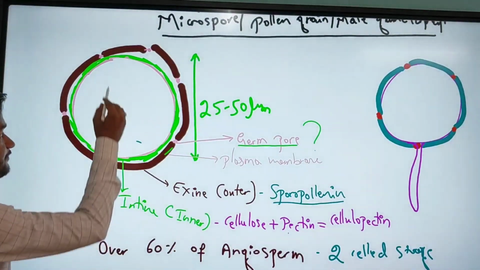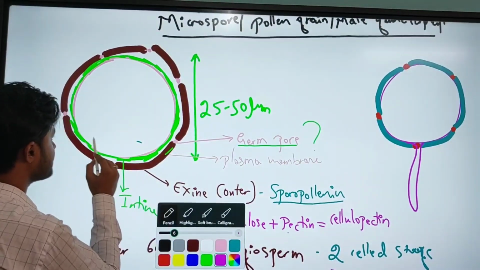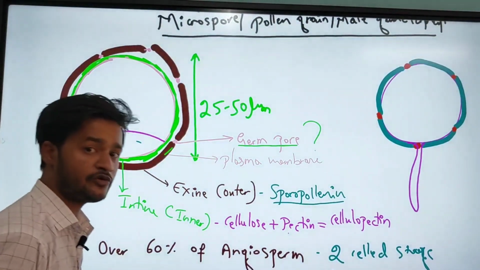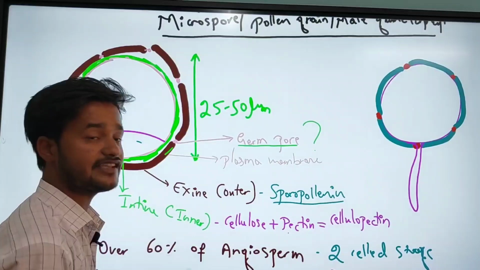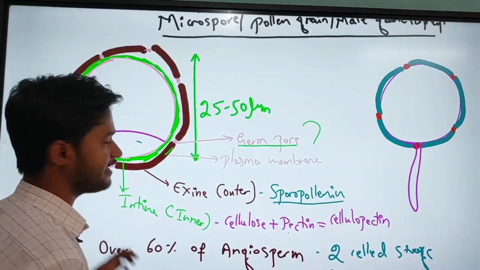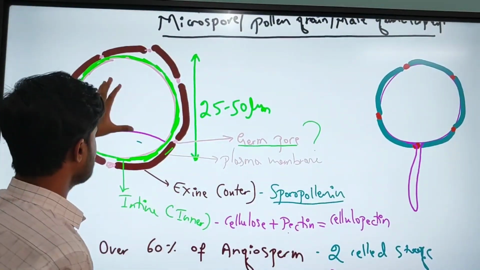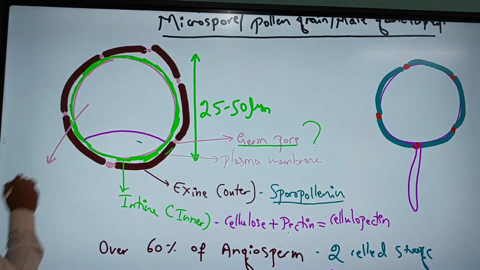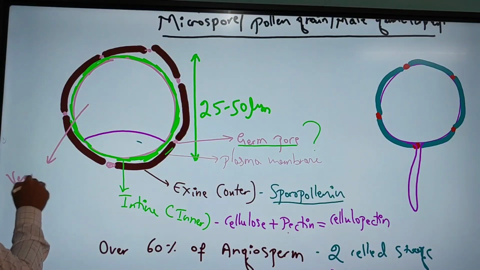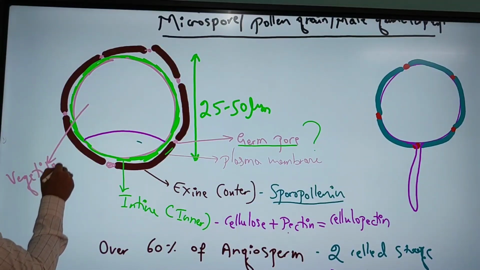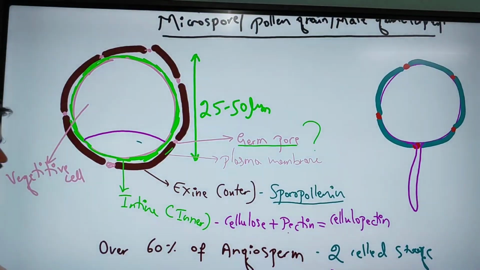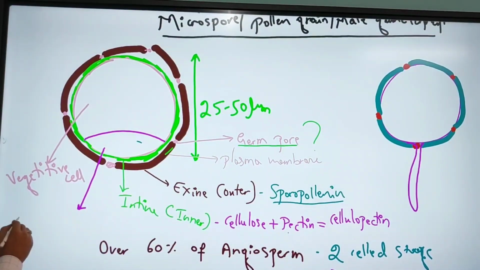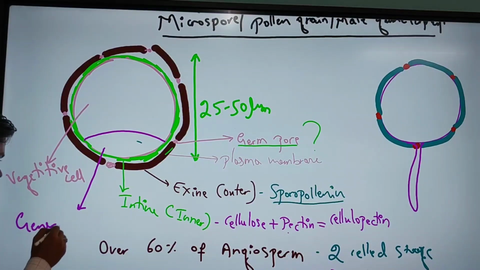The larger cell is called what? Vegetative cell. The larger cell is called the vegetative cell, and the smaller cell is called what? Generative cell. The smaller cell is called the generative cell.